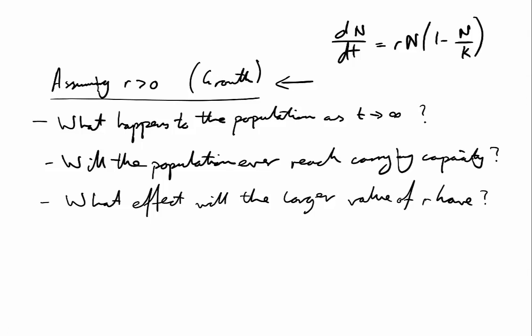The next question is, will the population ever reach the carrying capacity? Will my population ever reach the value k? And the final question is, what effect will a larger value of r have?